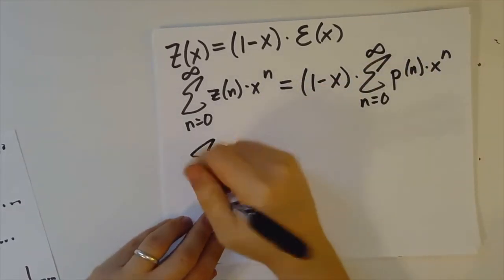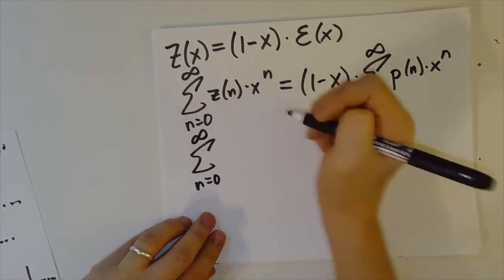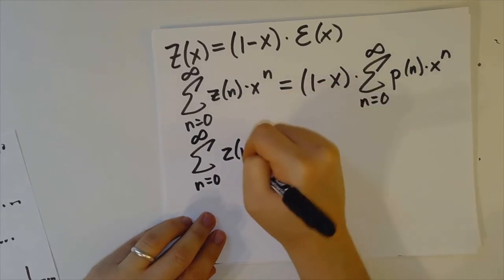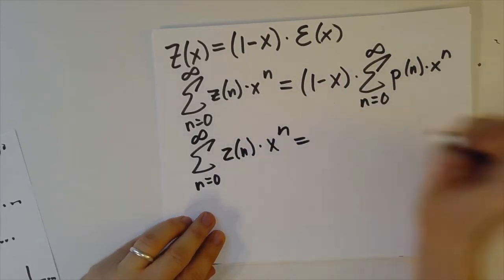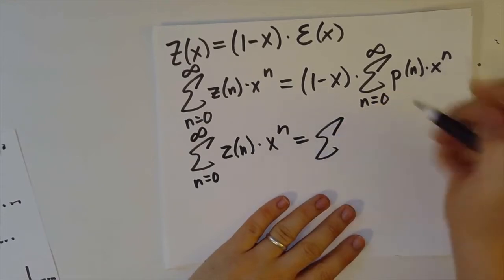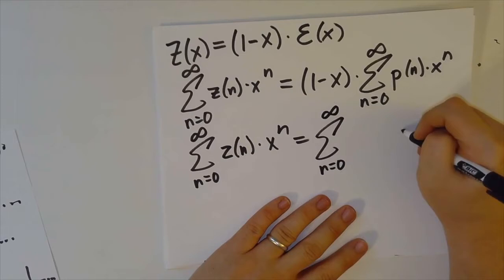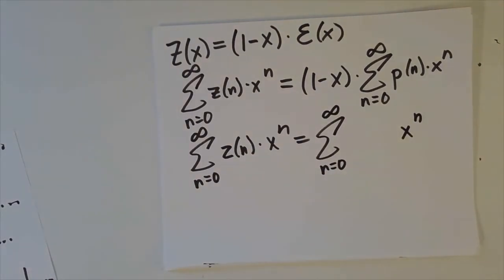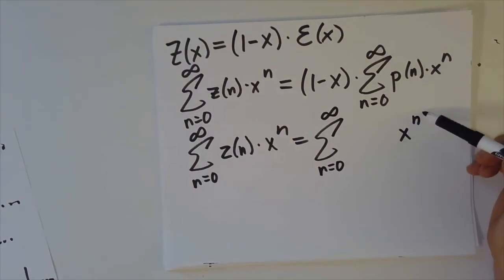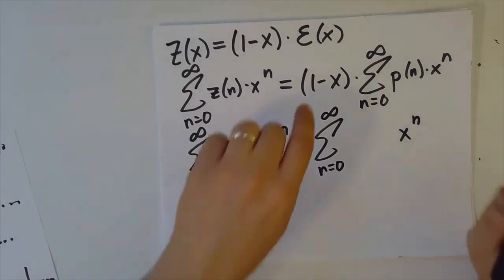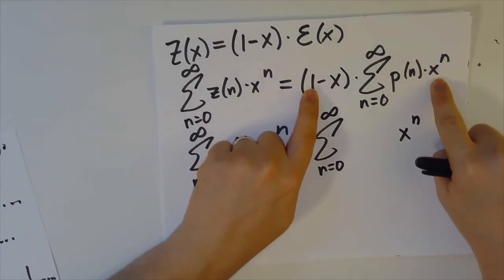Okay, so let's continue this. So it's z(n) times x to the n, and that's equal to... All right, so let's figure out what the coefficient of x to the n in this is going to be. So I could have gotten an x to the n in two ways. One is by multiplying a 1 by an x to the n.